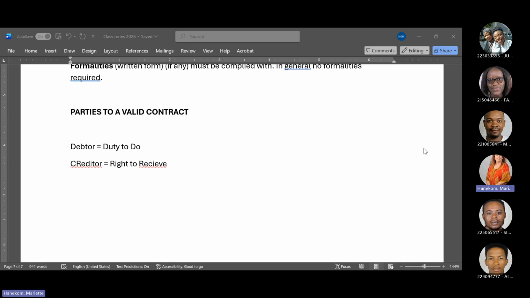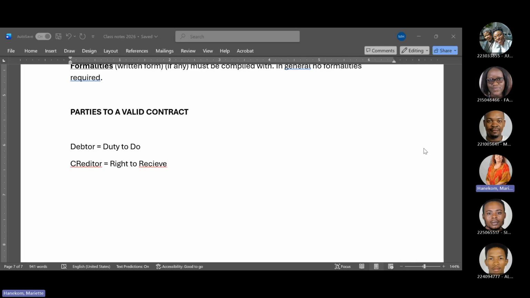There is the obligation to deliver the car. With regard to that obligation, it is my duty to deliver the car, and Mr. Hayala has the right to receive the car. So I'm the debtor, he is the creditor.